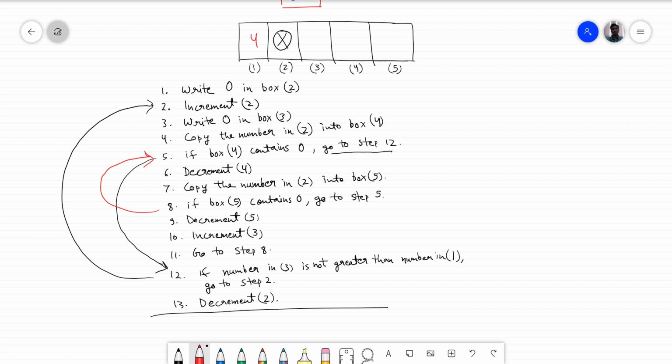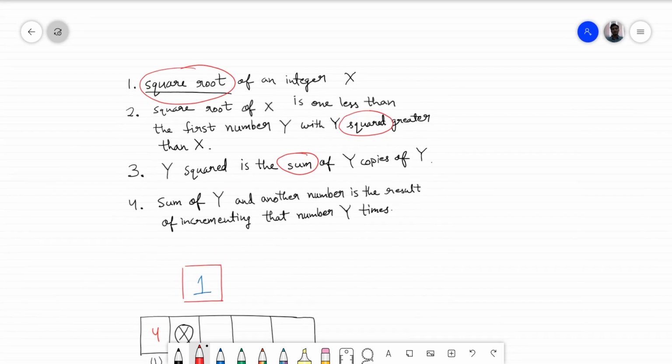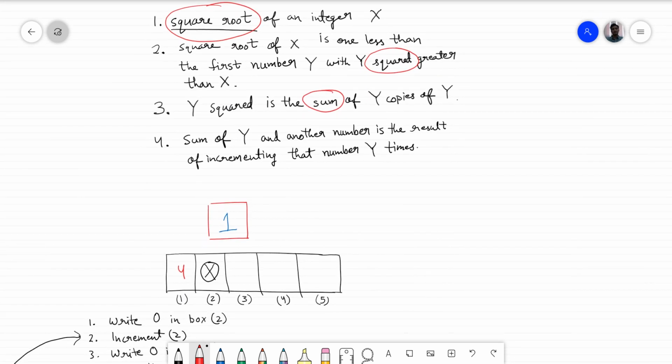Okay. So until all these conditions are satisfied, and if the number in 3 is not greater than the number in 1, that is satisfied, then you go to step 13 and then you decrement the number in 2, what we discussed here basically, that square root of x is 1 less than the first number y with y squared greater than x.